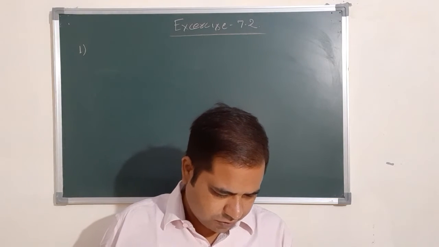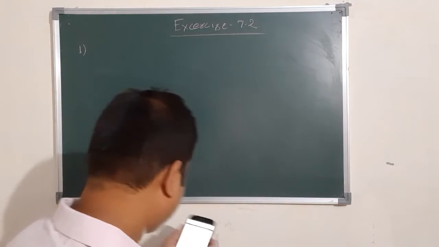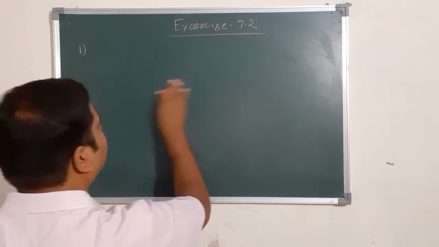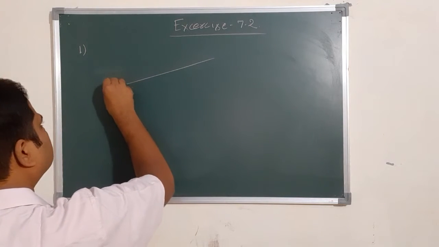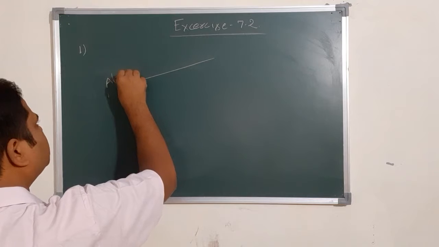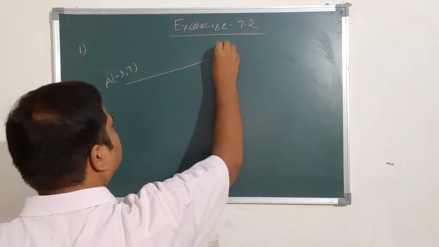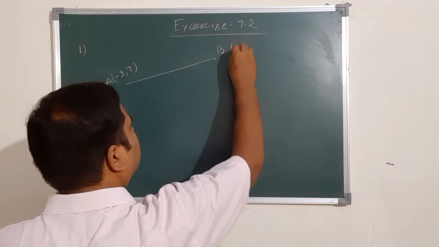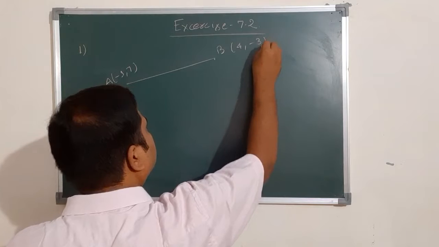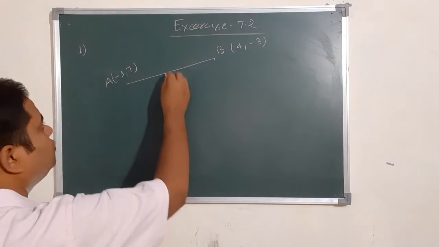Find the coordinate of the point which divides A(-1, 7) and B(4, -3) in the ratio 2:3.